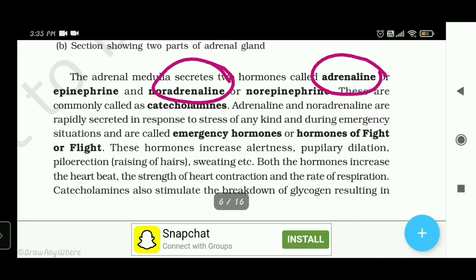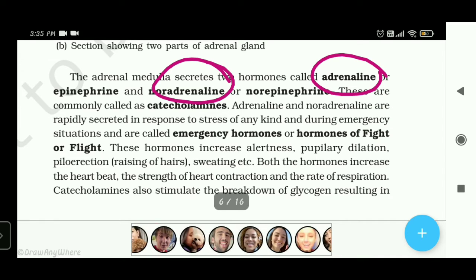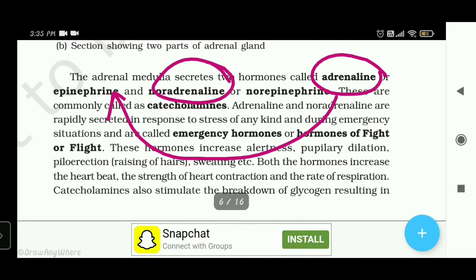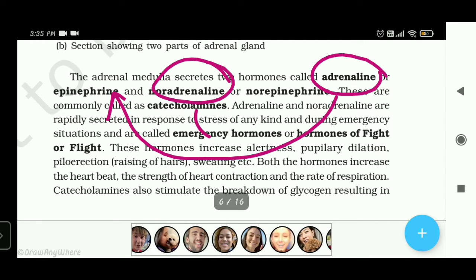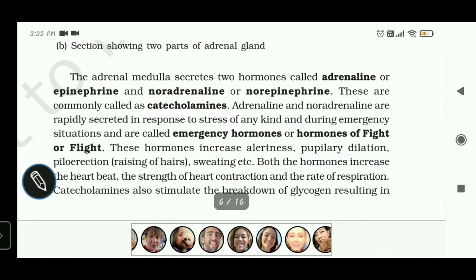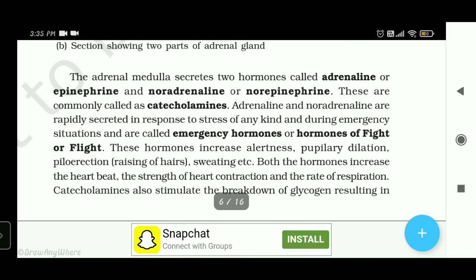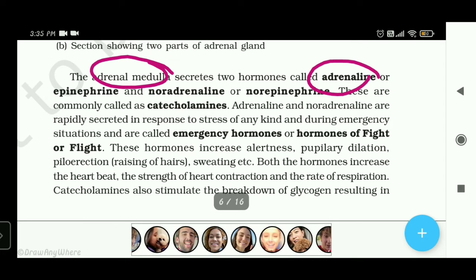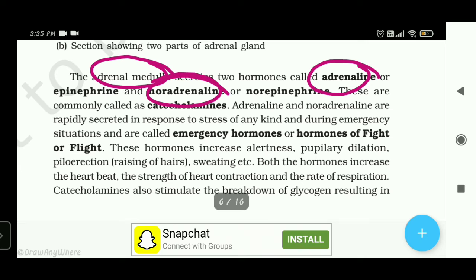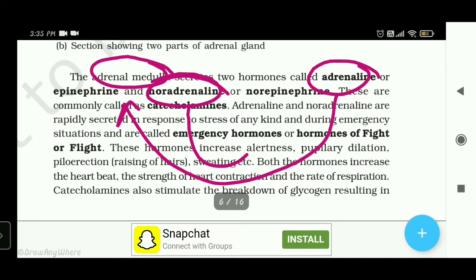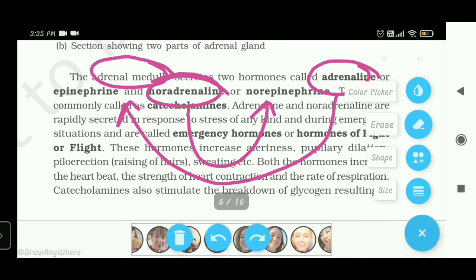Adrenaline is also called epinephrine, and noradrenaline is also called norepinephrine. We have only two hormones secreted by the adrenal medulla, adrenaline and noradrenaline.